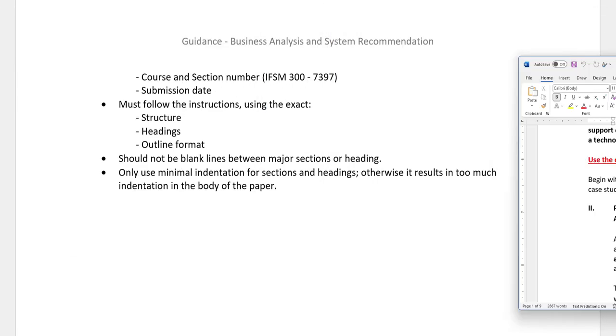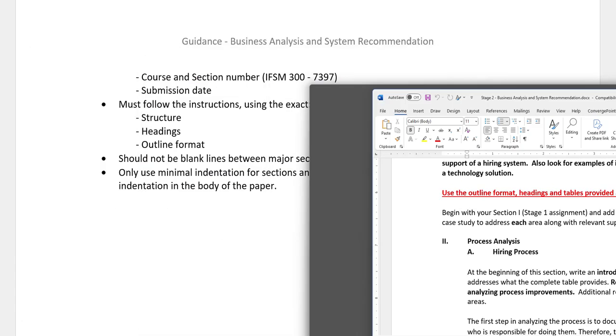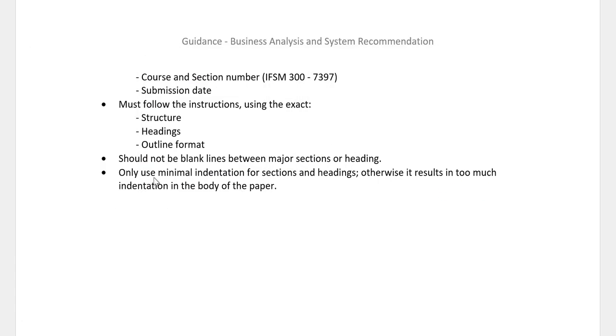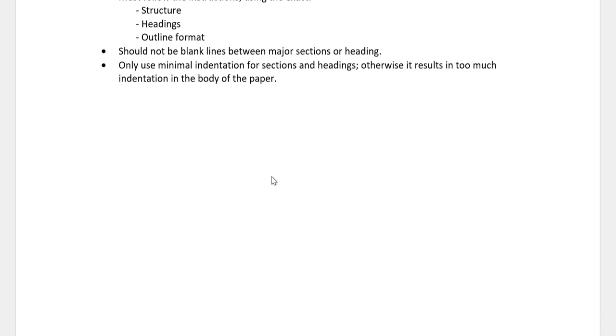That's important to remember that you don't want to have them going all over the place because you'll lose points. Only minimal indentation for sections and headings, which is what I just showed you. Otherwise, it results in way too much indentation in the body of the paper, and it makes your paper that much longer. So please don't do that.